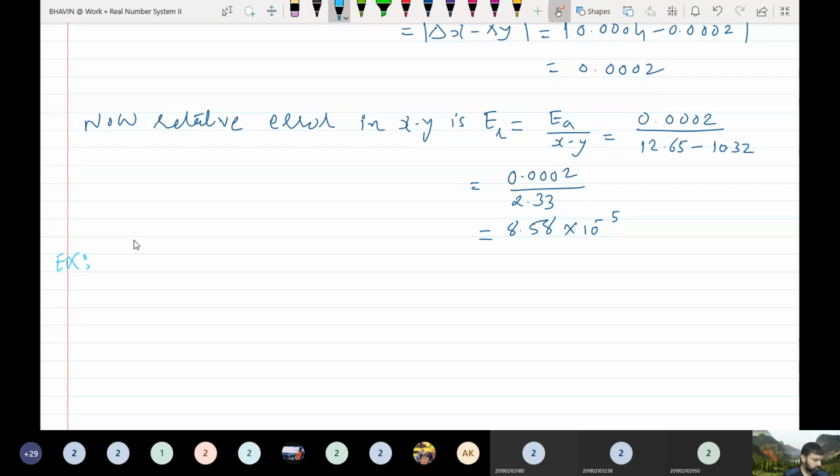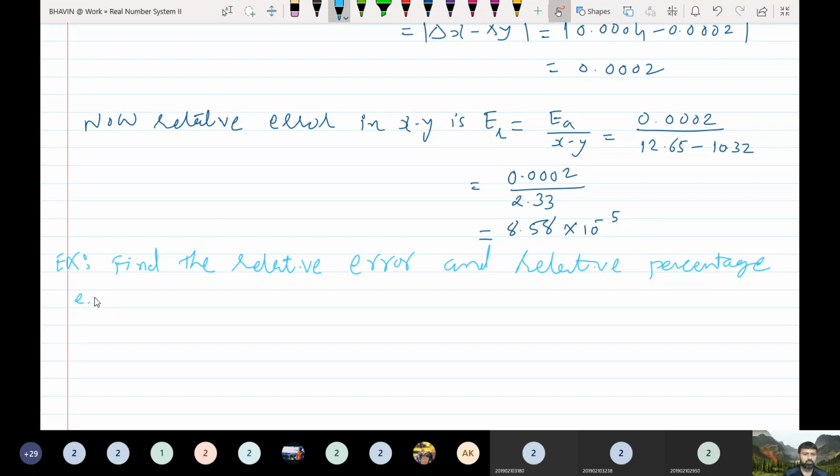Find the relative error and relative percentage error of x plus y. So data is given where value of x is 5.72, y is 3.28, delta x is 0.04, delta y is 0.02.